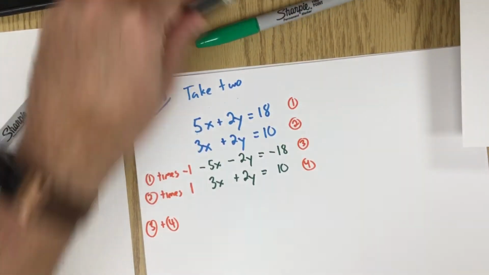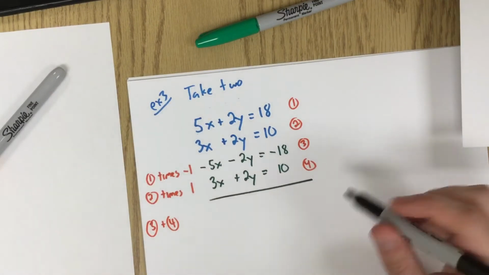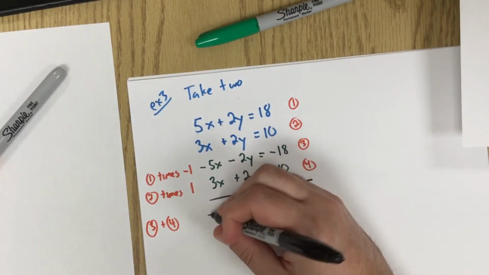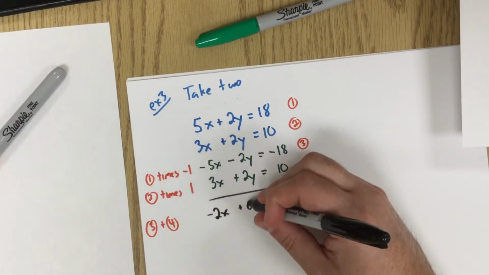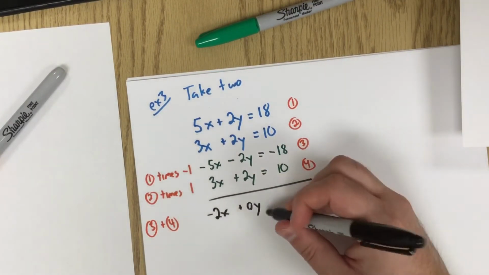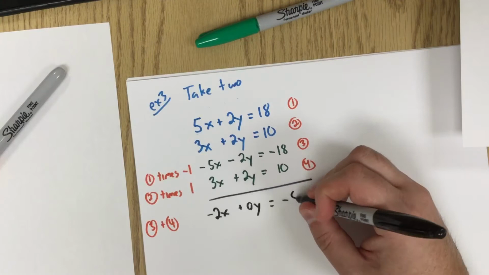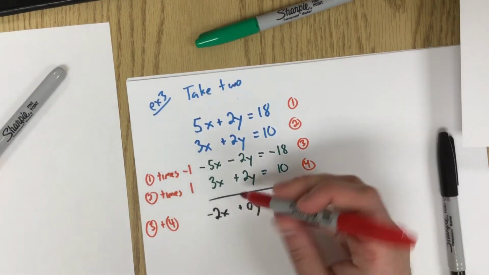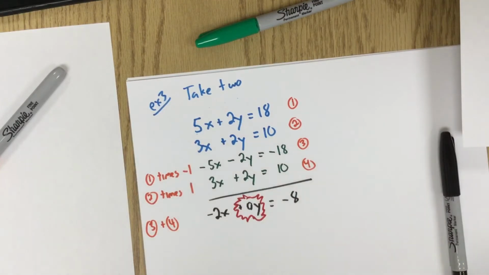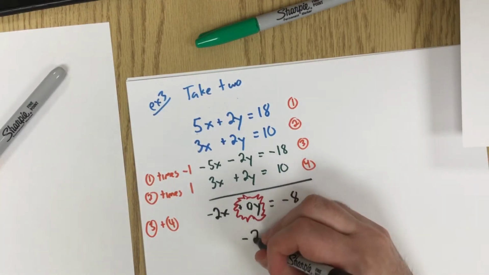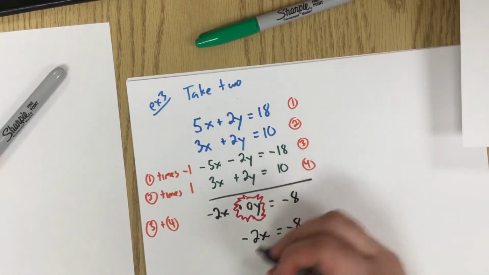And that's going to give us minus 5 plus 3 is minus 2x. Minus 2 plus 2 is plus 0y, the winner. And that gives us minus 8. The y got eliminated. So we end up with minus 2x equals minus 8.